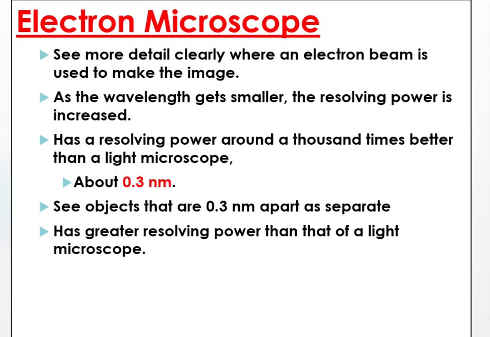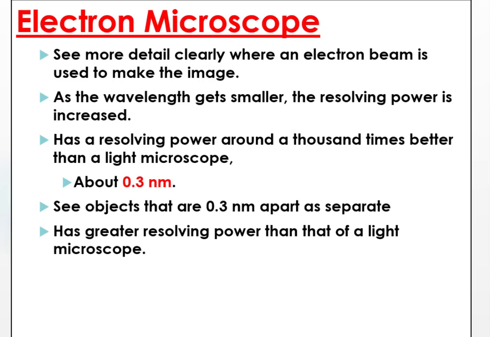When the wavelength of the electron gets smaller and shorter, the resolving power increases. So the electron microscope uses a beam of electrons that has shorter wavelengths. Since it uses this beam, it is capable of magnifying and resolving objects more clearly as compared with the light microscope.